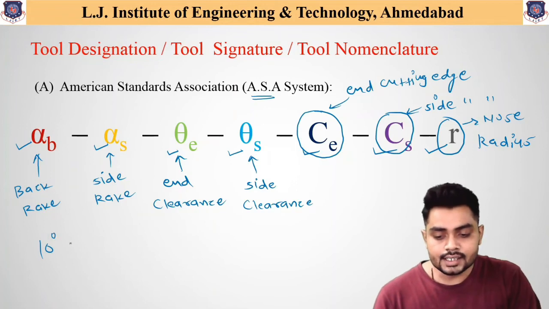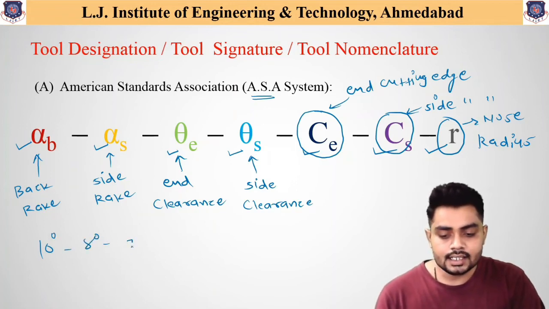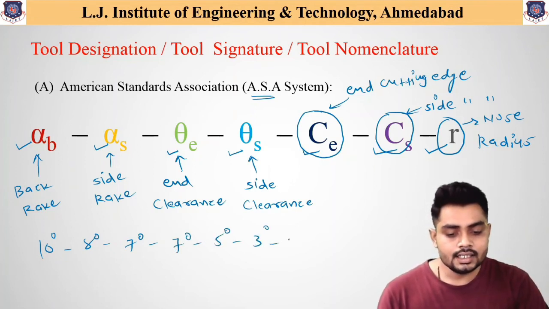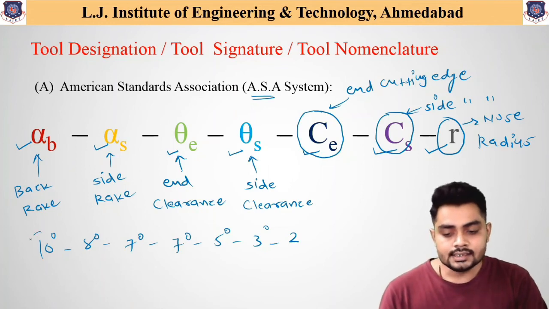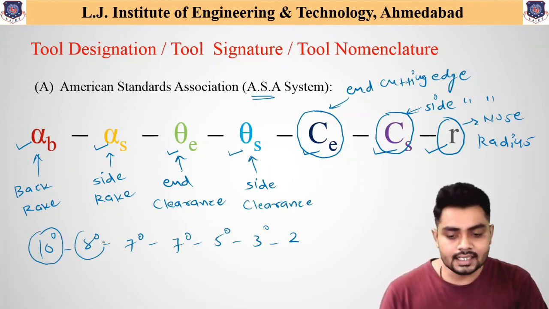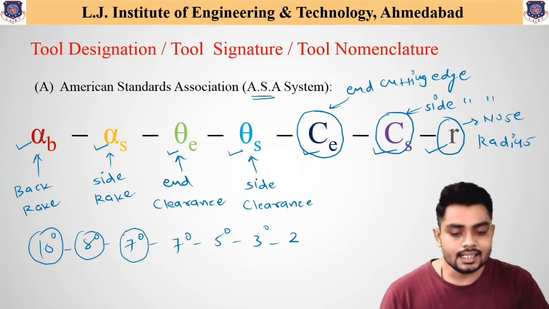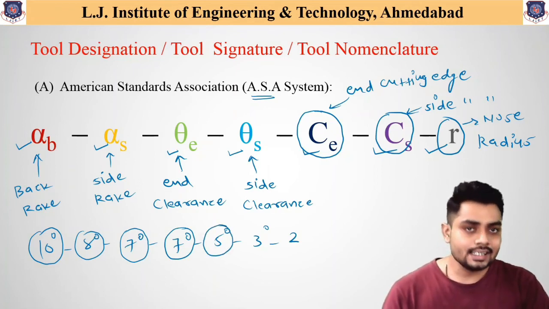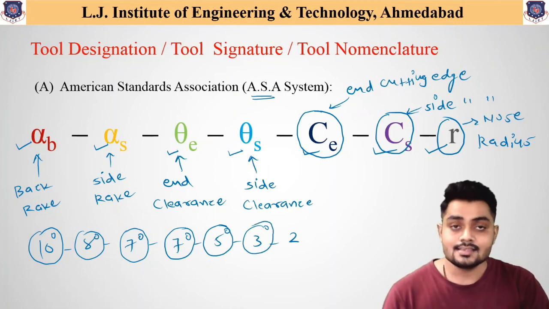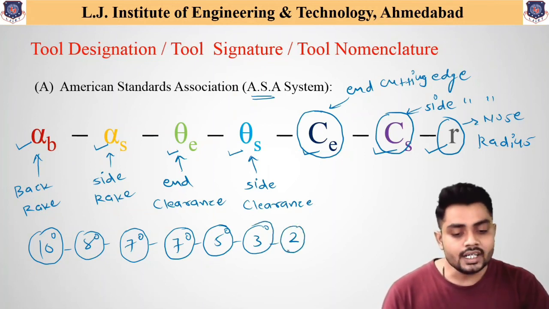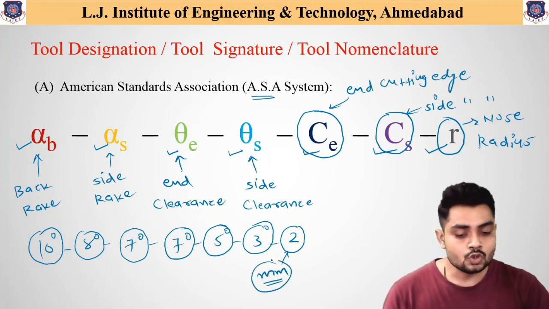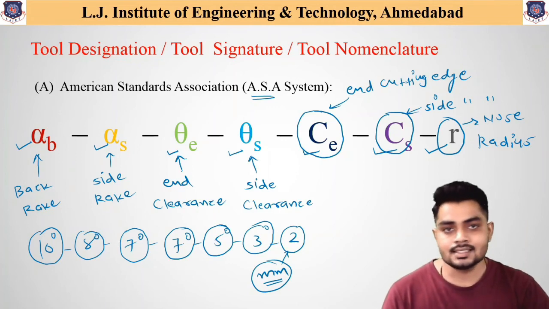If the tool signature is given as 10 degree, 8 degree, 7 degree, 7 degree, 5 degree, 3 degree, and 2, that means 10 degree indicates the back rake angle, 8 degree the side rake angle, 7 degree the end clearance angle, again 7 degree the side clearance angle, 5 degree the end cutting edge angle, 3 degree the side cutting edge angle, and 2 indicates the nose radius, which is always in mm. So the nose radius unit is always considered as mm.